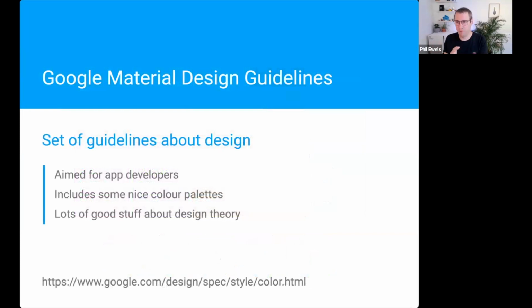This slide, probably without looking at anything it says, you'll know it's Google. That's because Google uses a very strong branding theme, and they have a lot of really nice information about how and why they make the decisions they do, and a lot of stuff about design theory and also color palettes that you can use. So it's a good place to start if in doubt.